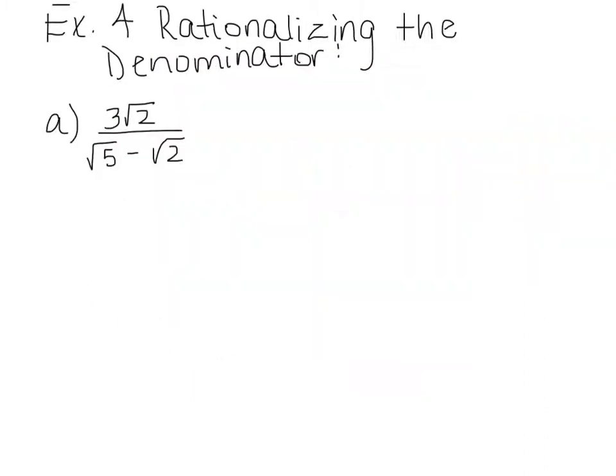Okay, so if you remember, we can't have a square root in the denominator. So when we have a binomial, you want to multiply by what we call the conjugate, which would be square root of 5 plus square root of 2. Whatever you do to the bottom, you have to do to the top. So I'm going to multiply those.